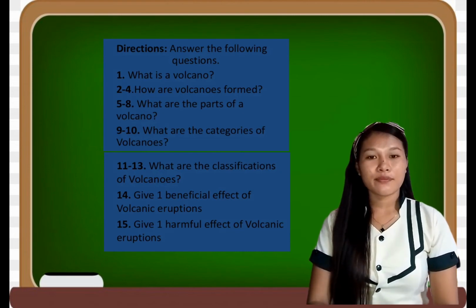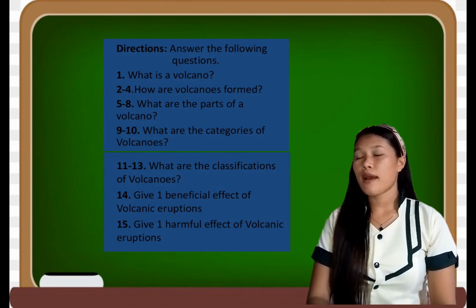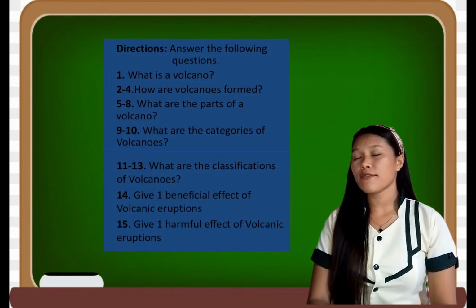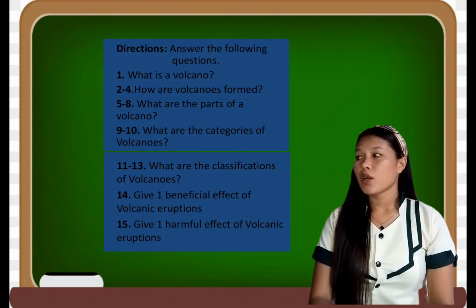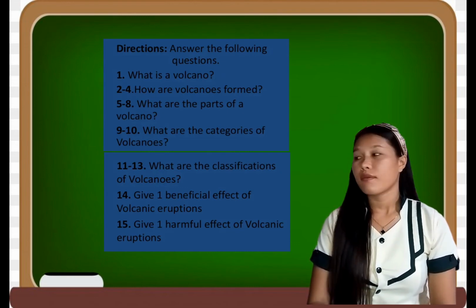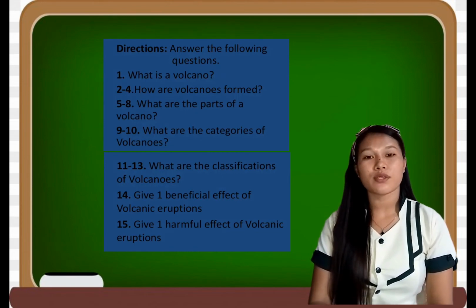Okay, done. At the back of your paper, answer the following by putting a check if it can bring beneficial effects and wrong if not. Number 1, creation of new island. Second is abandoning of lands and homes.